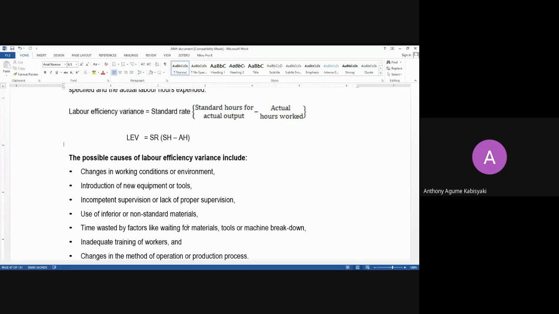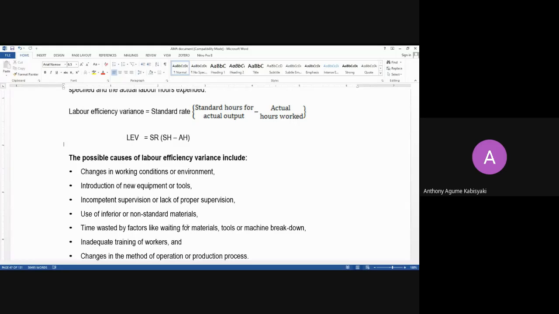But if you use more than 2 hours, then it is a cost on my side, because I will pay you 2 hours when you've given me 1 unit of output instead of 2 units. Because that was my plan, that every hour you need to have the final product there.